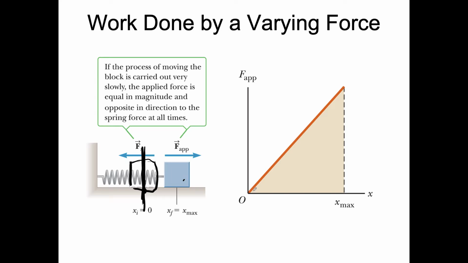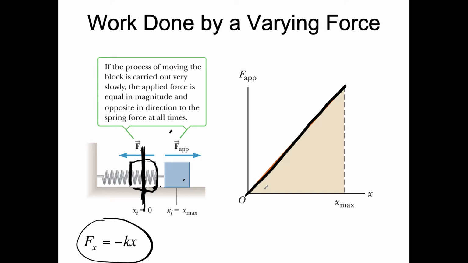What would be the force we apply as a function of the position of the block? Hooke's law tells us the spring force is given by negative kx, where x is the position of the block. So the force versus position is linear.